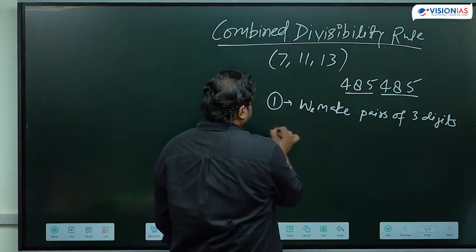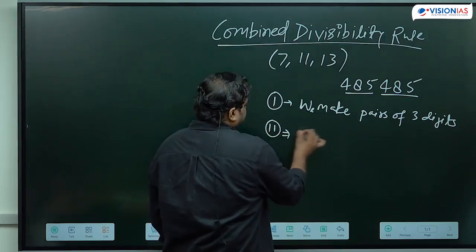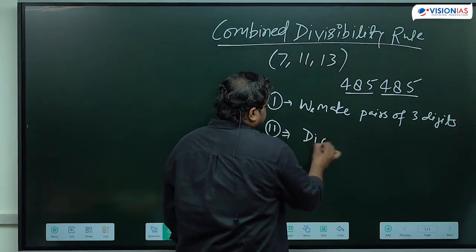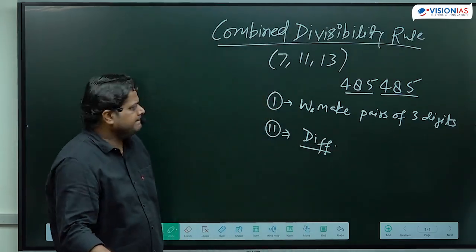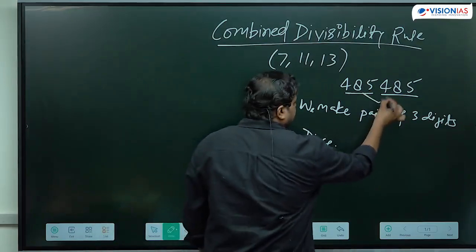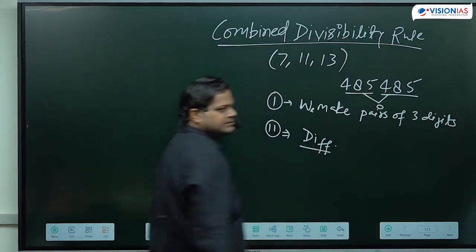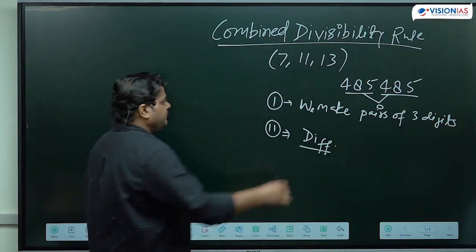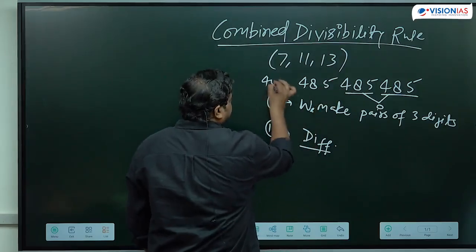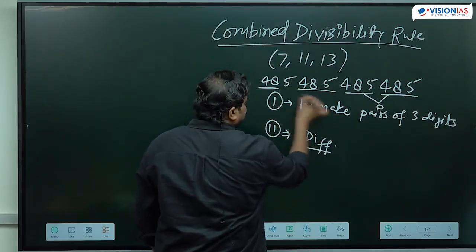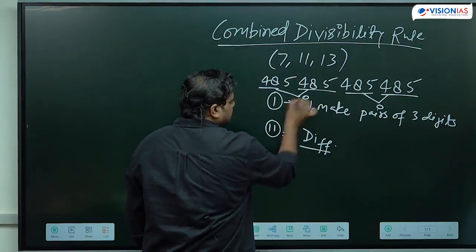Then we take the difference. Here the difference we found is 0. If we are having more numbers, groups of 3, here also we need to take differences.